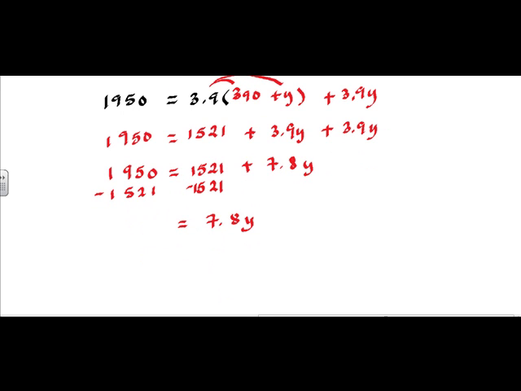Now 1950 minus 1521 gives 429. Now I divide by 7.8 on both sides.